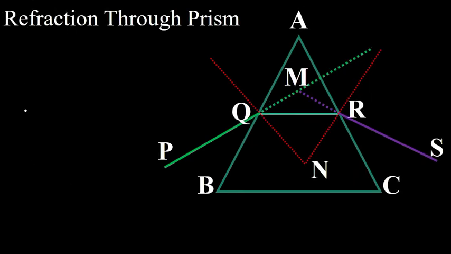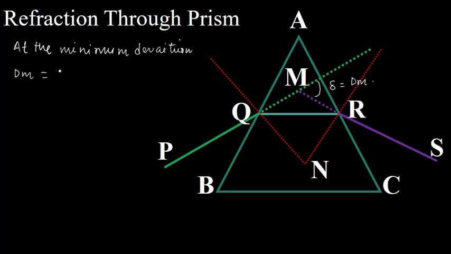So we write down here at the minimum deviation, delta will be dm. So we write down here dm equal to delta.